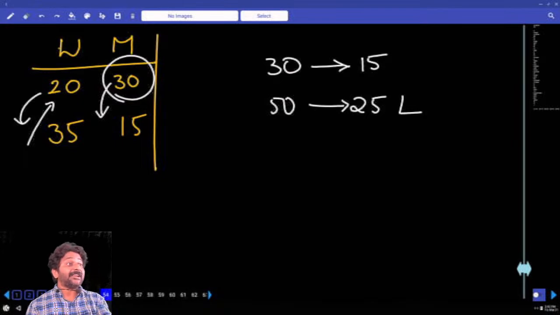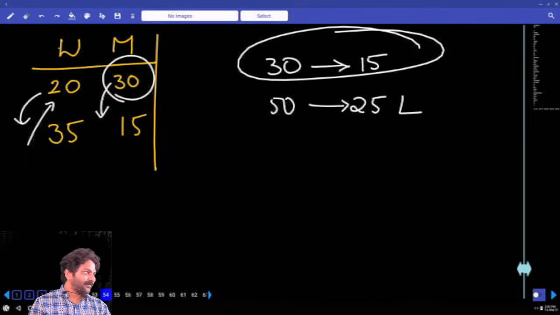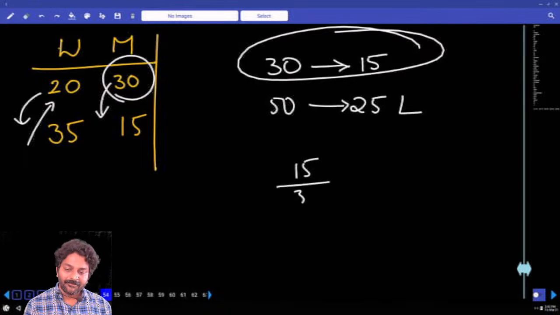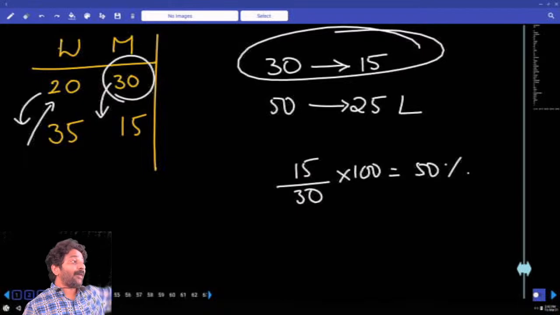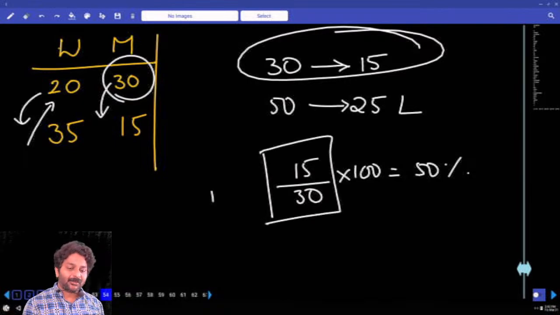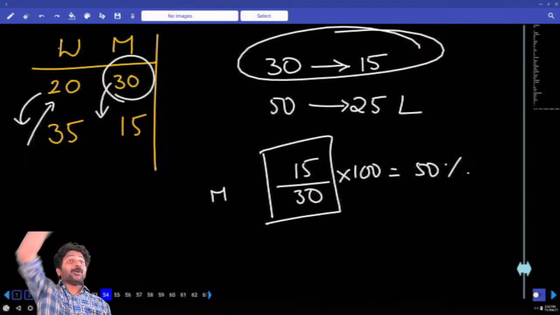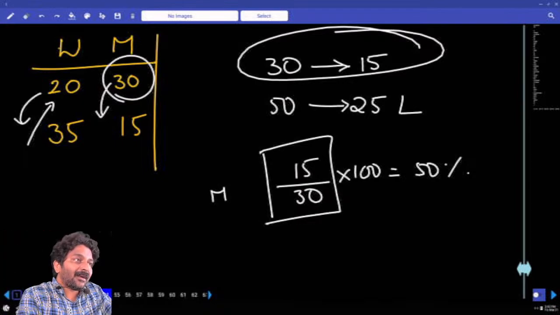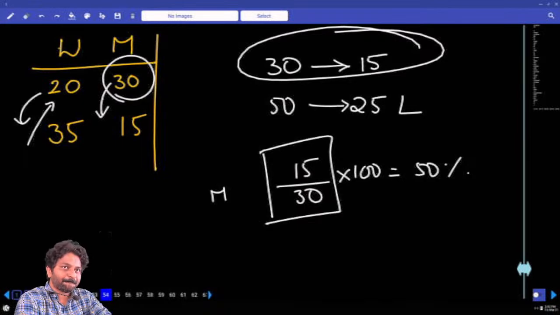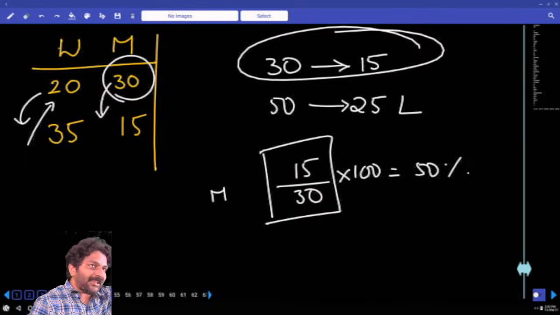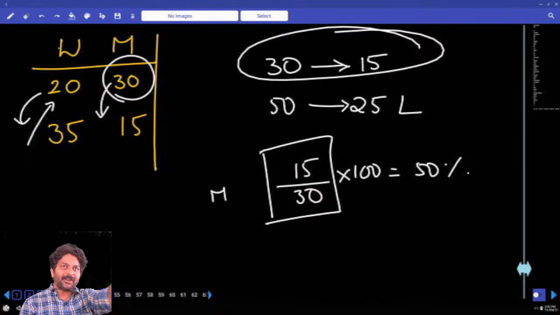If it is calculated in terms of percentage, here itself we can answer the question. 15 liters is taken out of 30, as a percentage, the answer is 50%. You don't have to calculate it for the total 50. 15 out of 30 is only milk, so will it be 50% in total also? 15 out of 30 calculated in terms of percentage, we got 50%.